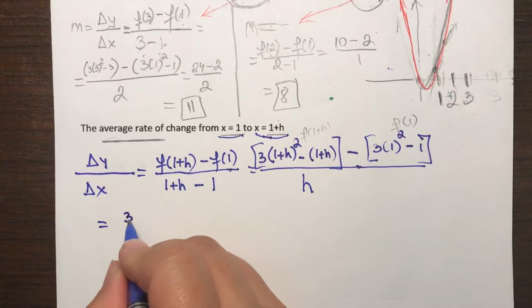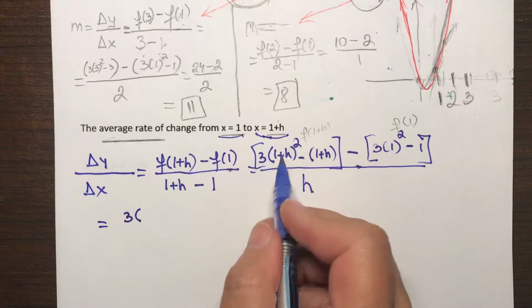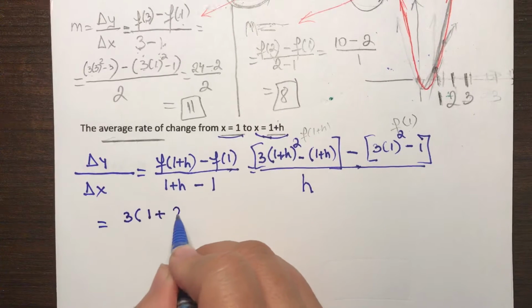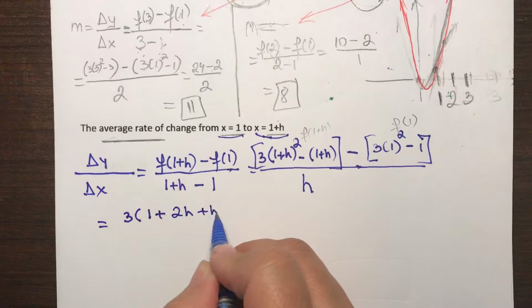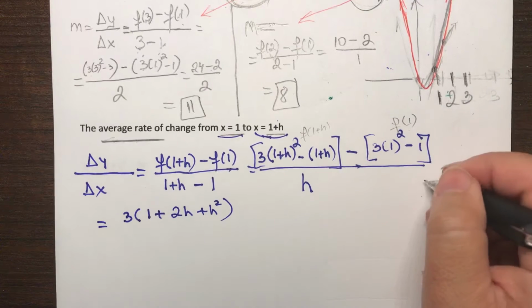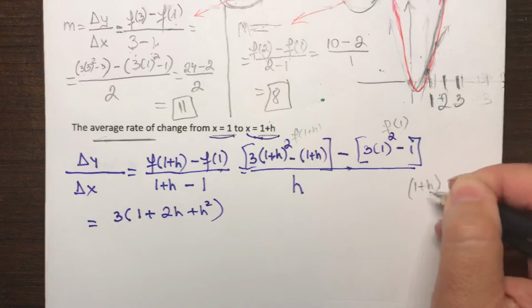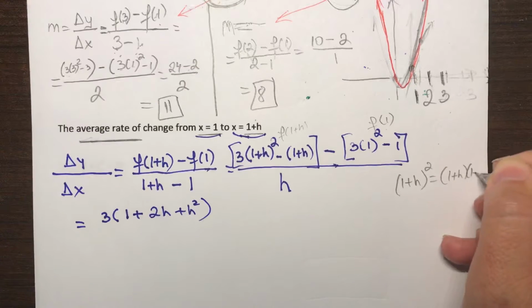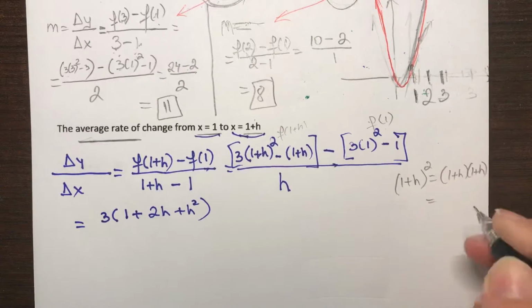So sure enough, order of operations says to square this binomial, so 1 plus h times 1 plus h will get you this. And again, if you are not so sure why, take this aside and distribute, right?